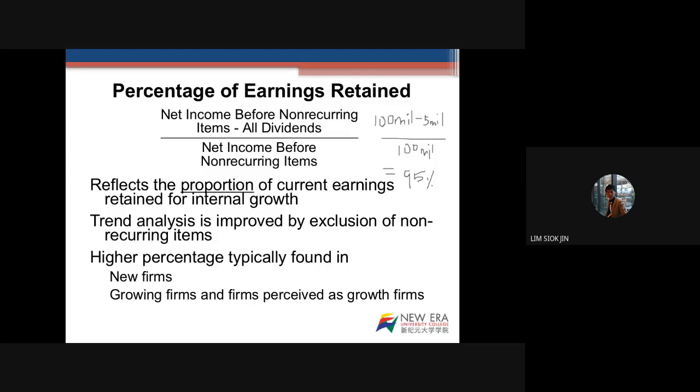So this high amount of percentage of earnings retained will contribute to a higher growth. Higher growth. All right. So this high percentage they mentioned here is typically found in new companies and growing companies.